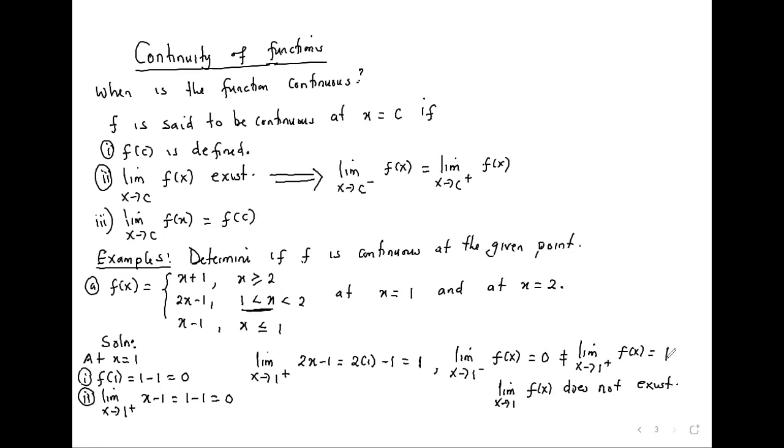So if the limit does not exist, then we say f is not continuous at x is equal to 1. This is the conclusion. Okay? f is not continuous at x is equal to 1.